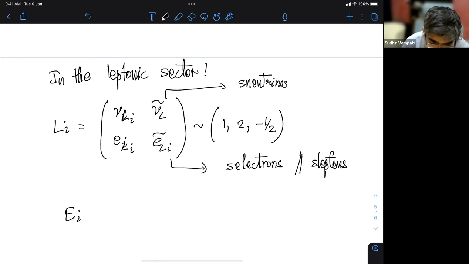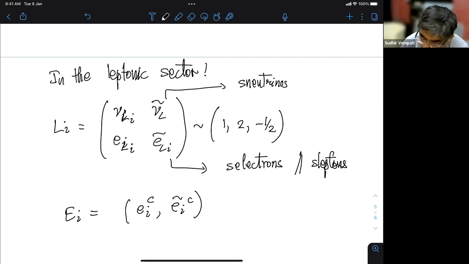EI tilde C has 1, 1, 1. That's it. Hypercharge 1.